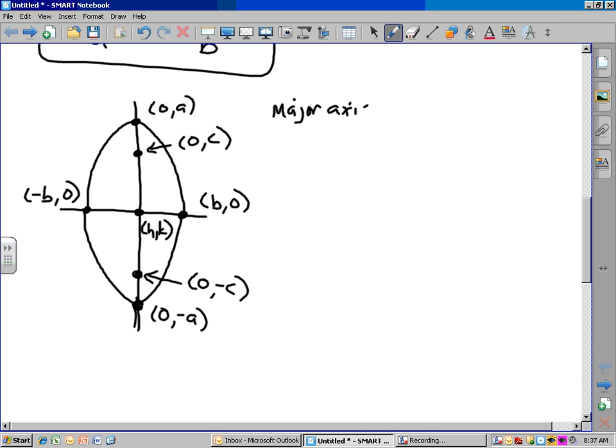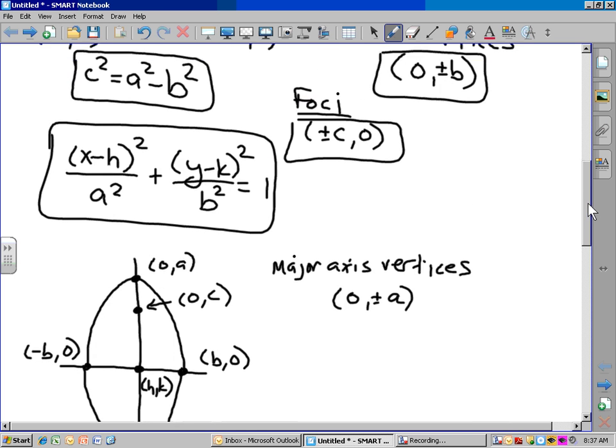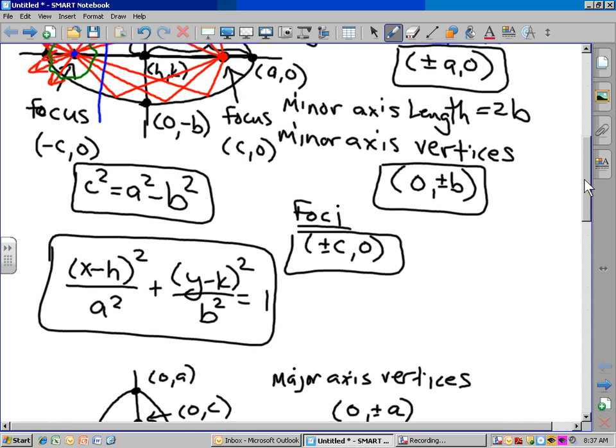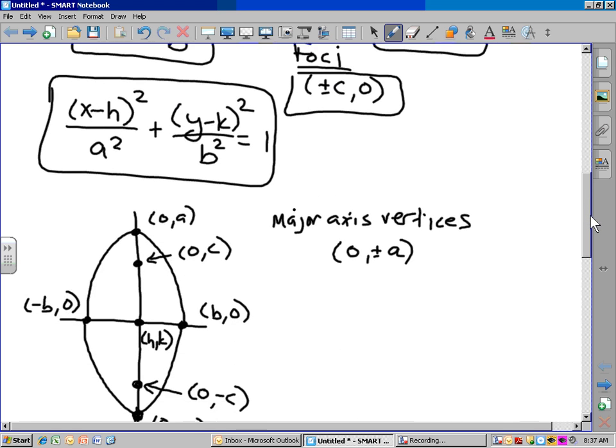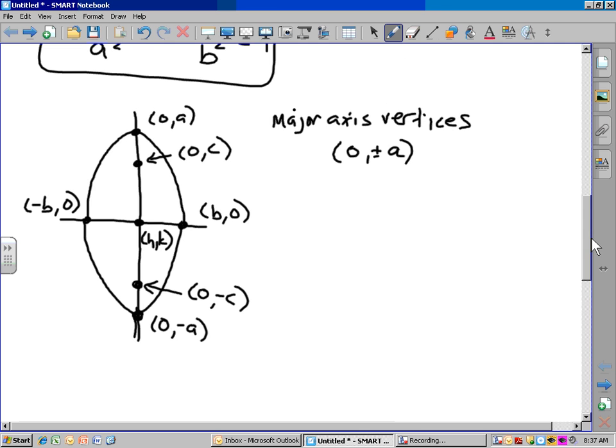Major axis vertices, though, are going to be (0, plus or minus a). That changed. You go back and look at the last one, they were (plus or minus a, 0). Now they're (0, plus or minus a).